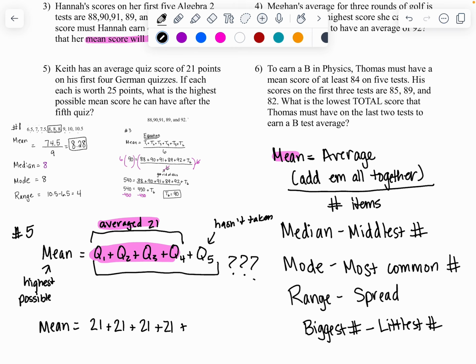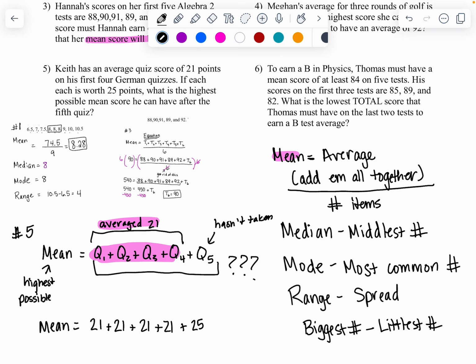And then what should we put in for number 5? What is the highest possible mean score he can have after the 5th quiz? Well, if we want the highest possible, we're going to assume he gets every single point on number 5. He gets 25 on that one.